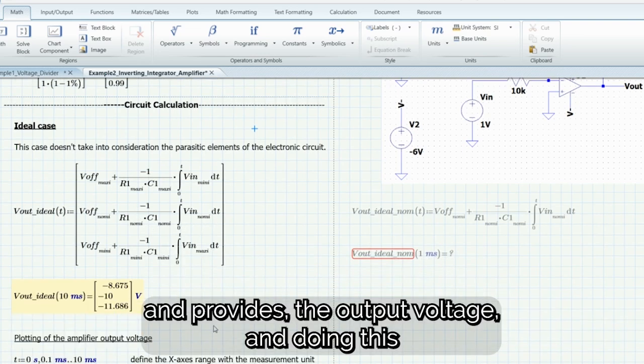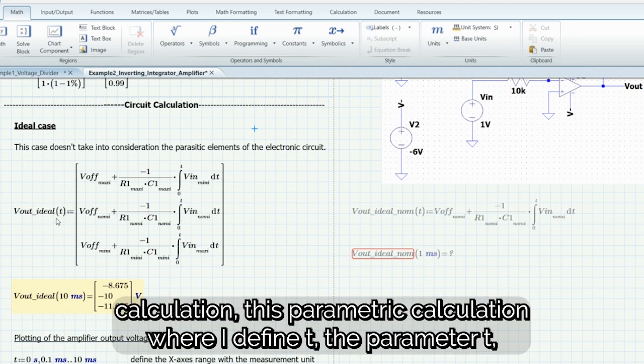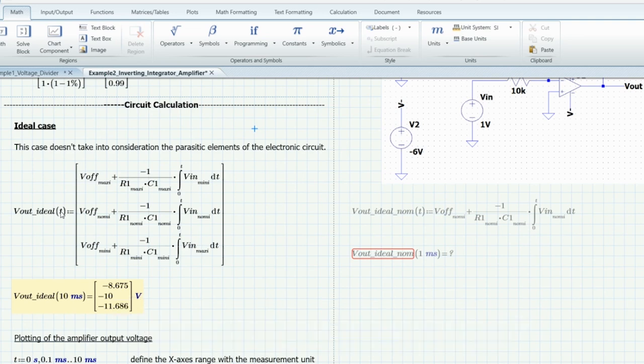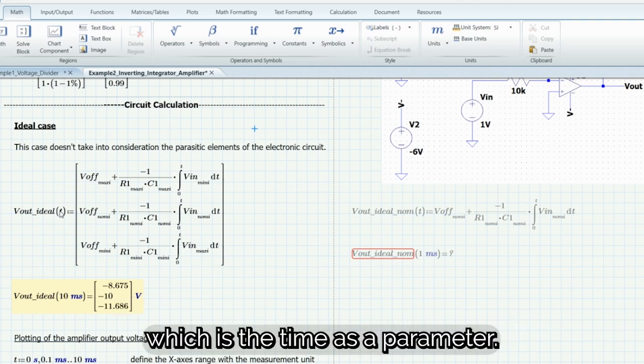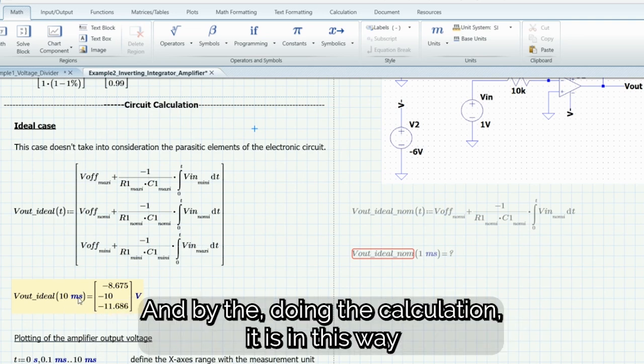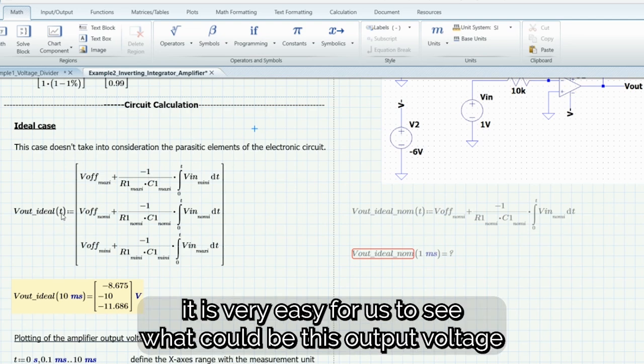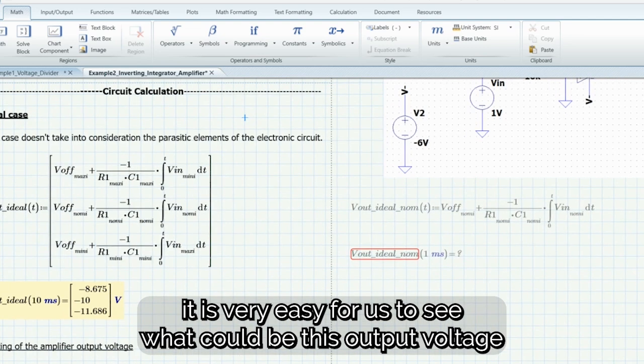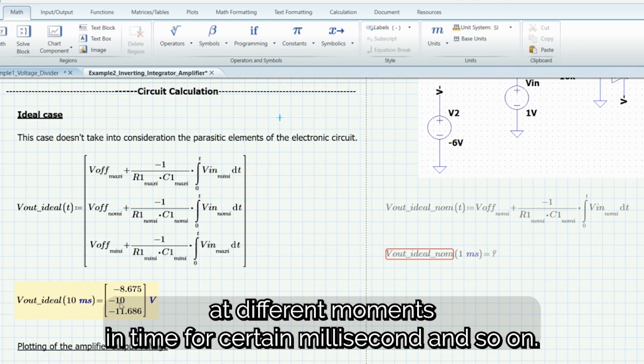It provides the output voltage, and I do this parametric calculation where I define t, the parameter t, which is the time, as a parameter. By doing the calculation this way, it is very easy for us to see what the output voltage could be at different moments in time, for instance, 10 milliseconds and so on.